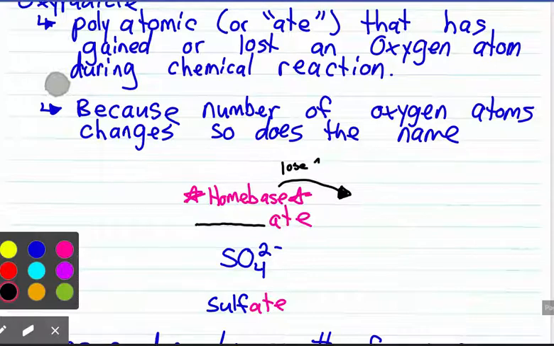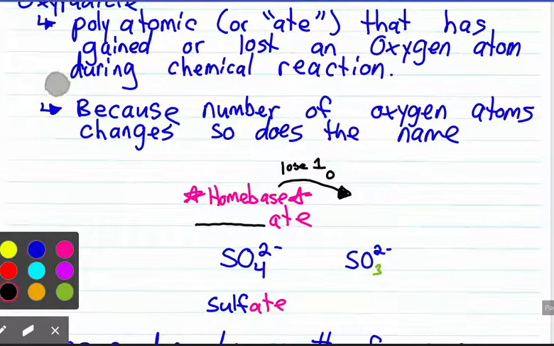If we lose an oxygen, we still have S and O, but instead of 4, we end up with SO3. Now, it still maintains the ionic charge 2-.